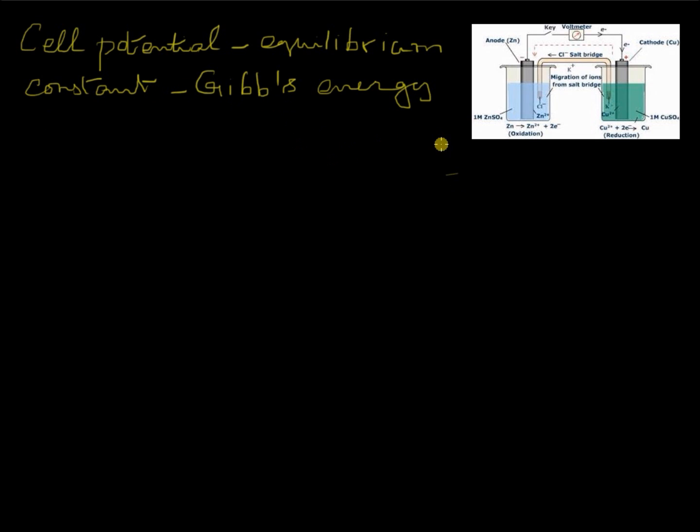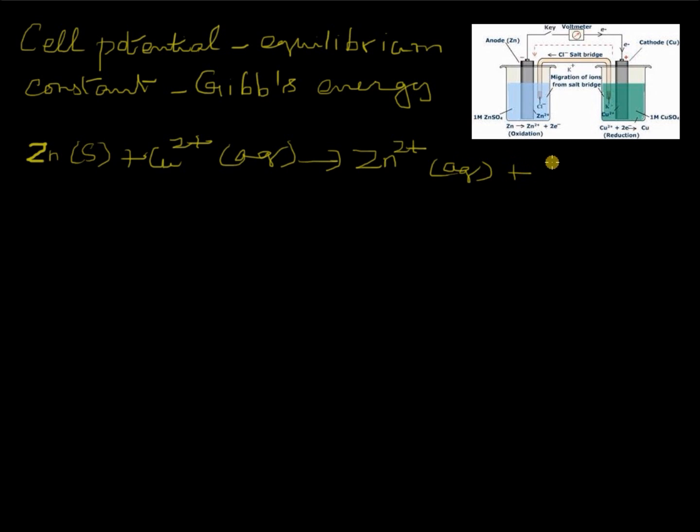Now for the cell that is shown in the diagram, which is the galvanic cell involving zinc and copper electrodes, we can write the equation as Zn solid plus Cu2+ aqueous giving Zn2+ aqueous and Cu solid.